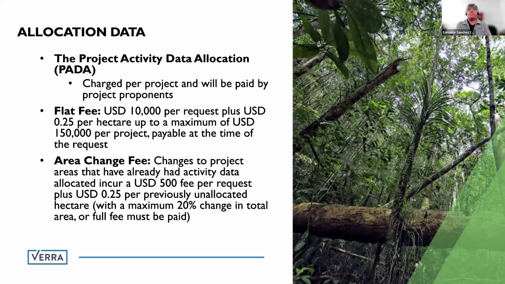There is first an initial payment of $10,000 per request, per project, plus an additional incremental fee of 25 cents per hectare, depending on the size of the project, up to a maximum of $150,000 per project, which has to be paid at the time of request.